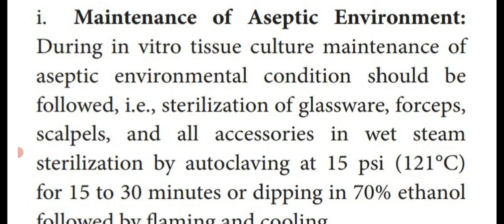Dear students, during plant tissue culture method or in vitro tissue culture method, we have to maintain the aseptic environmental condition. First one, sterilization of glassware. I told you all the things which we are using for plant tissue culture should be sterilized. Then forceps. With the help of the forceps only we are transferring the explant, so the forceps are also sterilized.